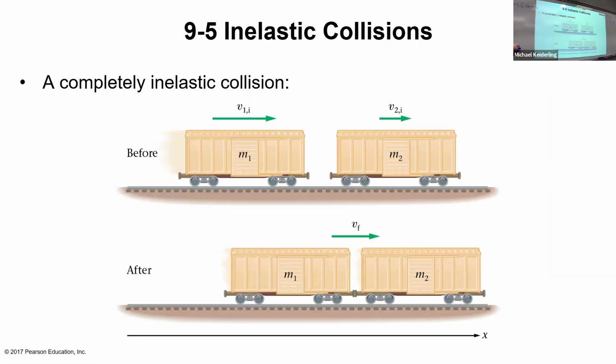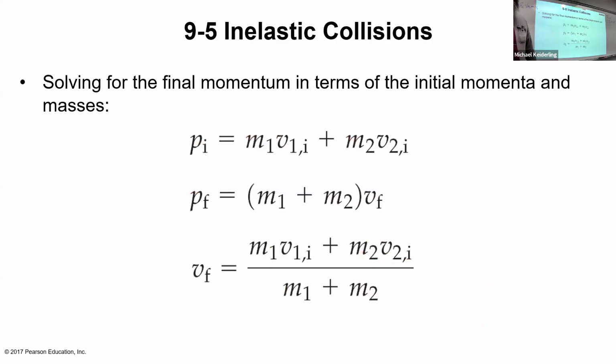So this is a completely inelastic collision. Before, you have two vehicles with two velocities, and then they merge into a single unit because they're coupled together. If you solve for final velocity, you get this formula: mass 1, velocity 1 initial, plus mass 2, velocity 2 initial, over mass 1 plus mass 2 is the final velocity.